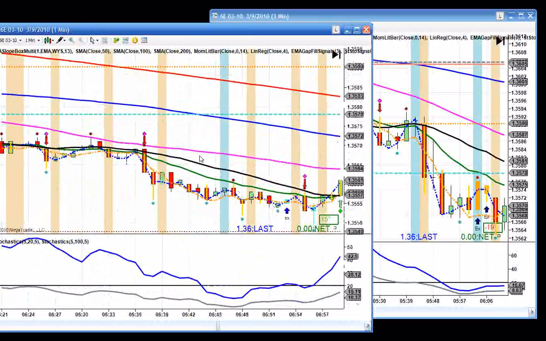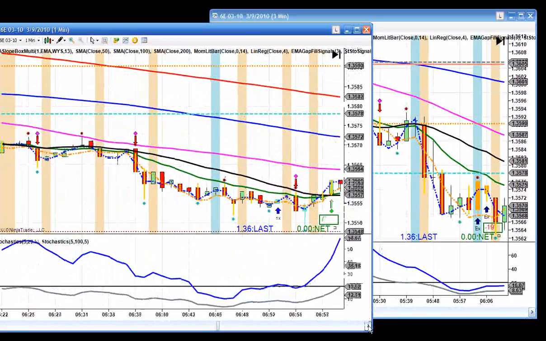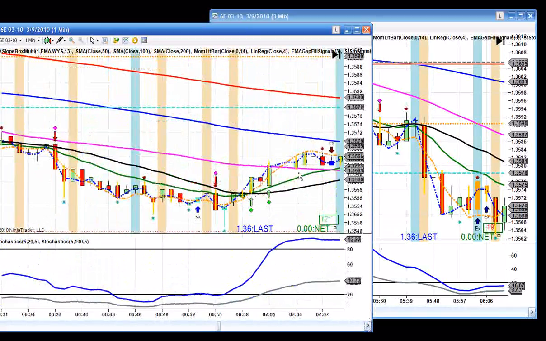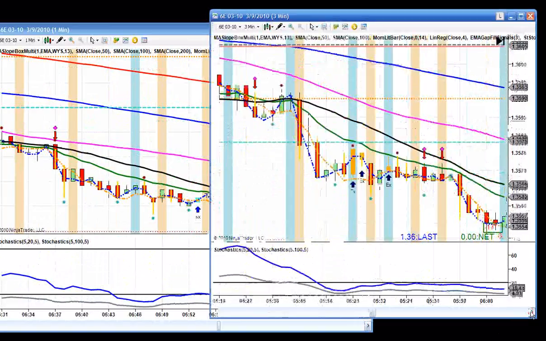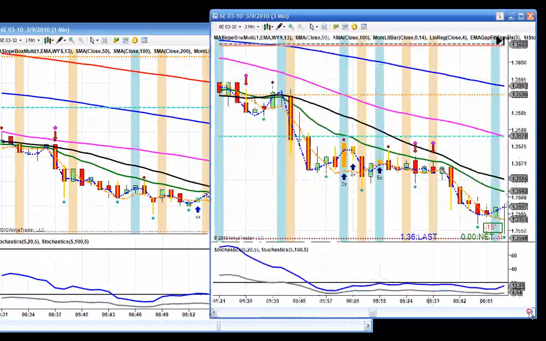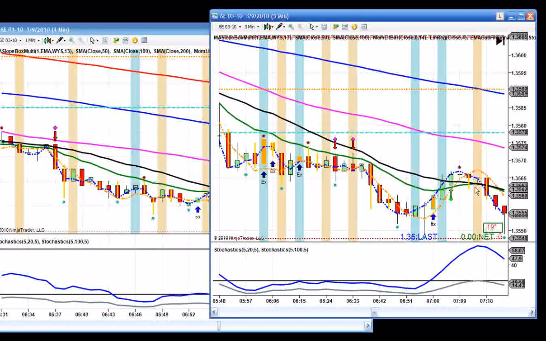The trend is still too strong, and you can see that finally at 7 o'clock we finally had our trend change, and you will see this play out on your 3 minute chart. We had a trend change here with the first wave, second wave.